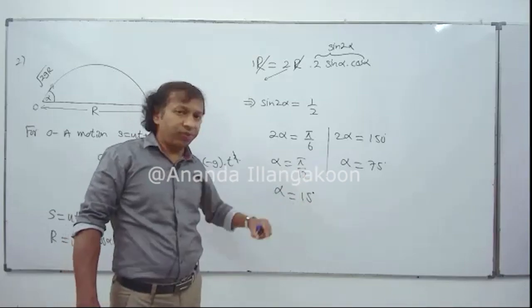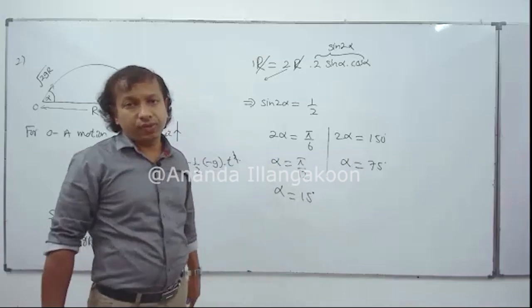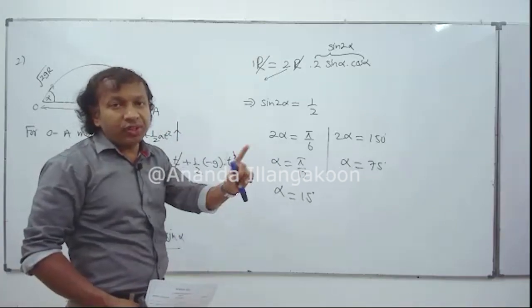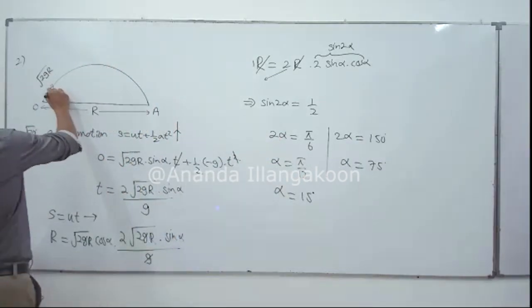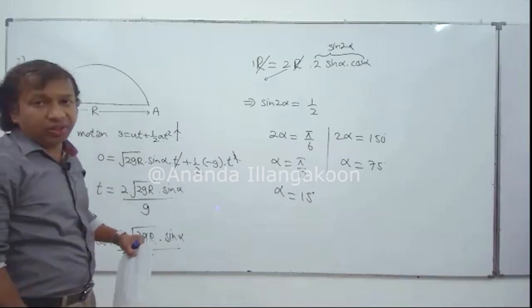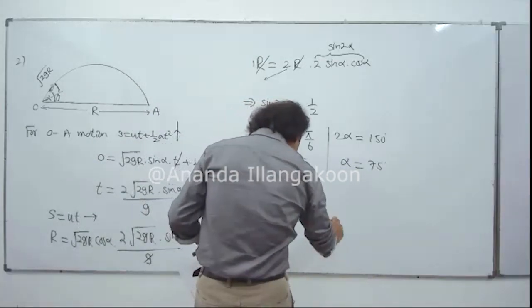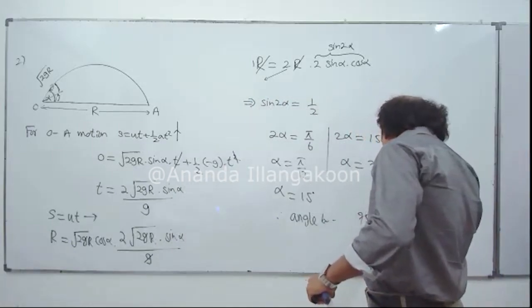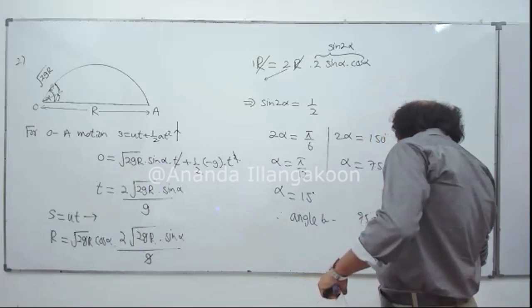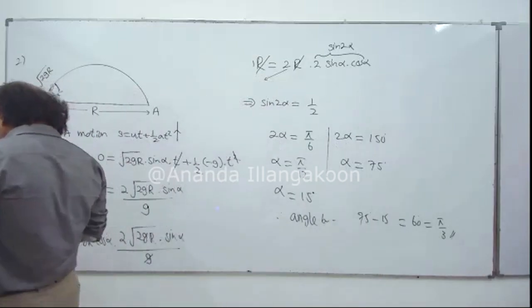One is 75, the other is 15. 75 minus 15 is what, people? 60. Therefore the angle between the 2 possible directions is 75 minus 15, which is 60. It is nothing but pi by 3. Okay, that's how we get that.